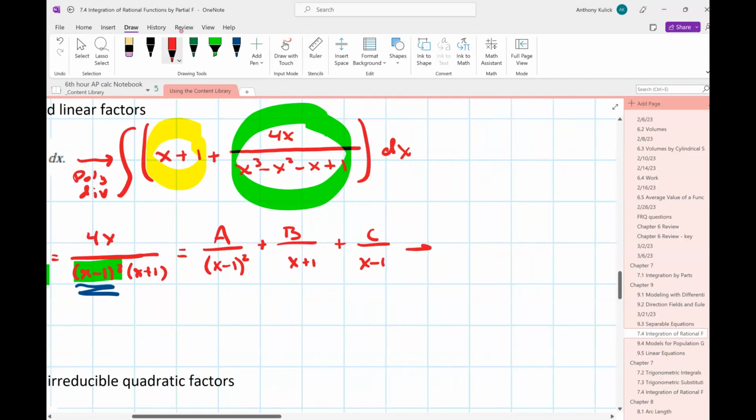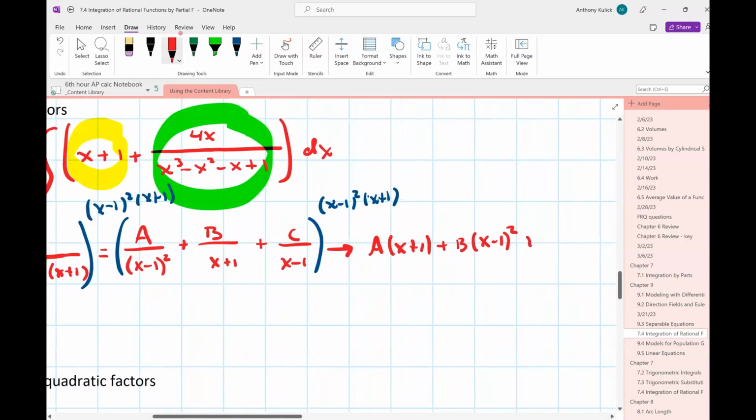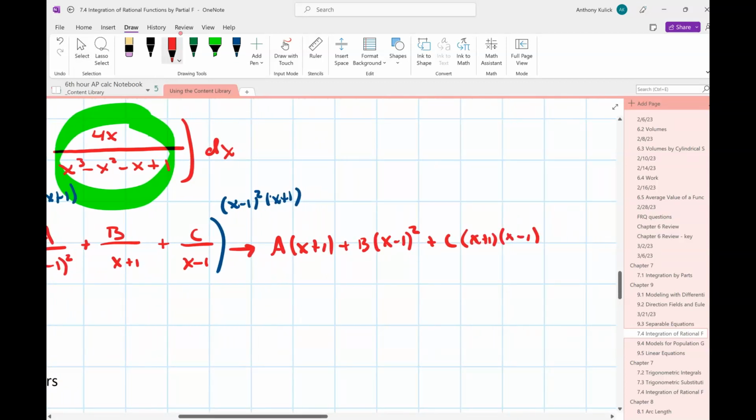So we're going to go ahead and clear our fractions, multiplying both sides by that common denominator. So that's going to give me A times x plus 1 plus B times x minus 1 squared plus C times x plus 1 times x minus 1. Oops.